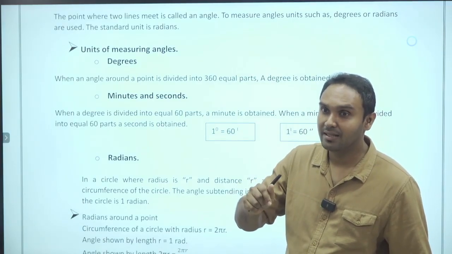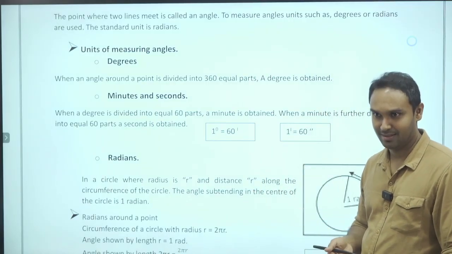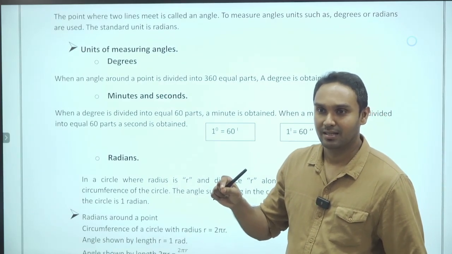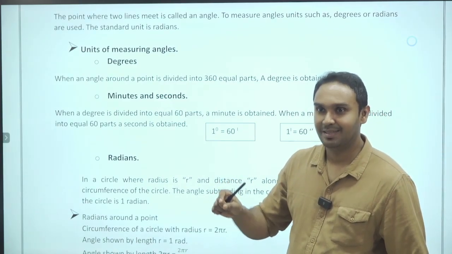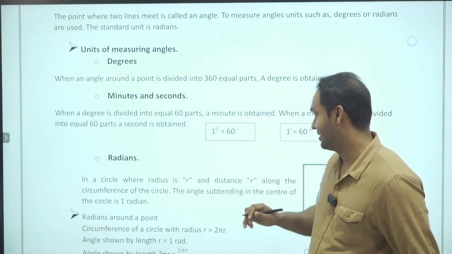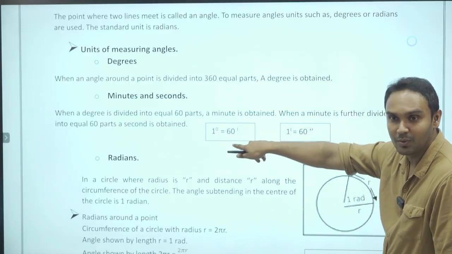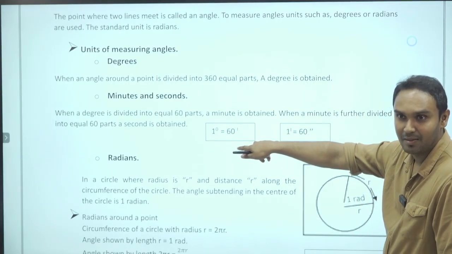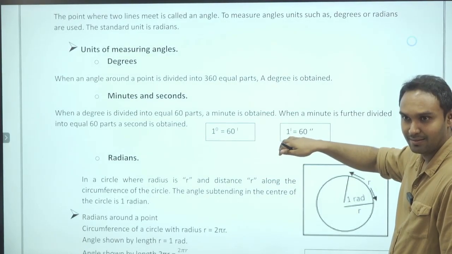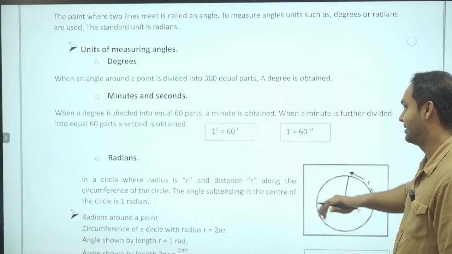And a minute divided into 60 equal parts, you get a second, like the clock, right? So 1 degree is equal to 60 minutes, and 1 minute equals 60 seconds, exactly, right?